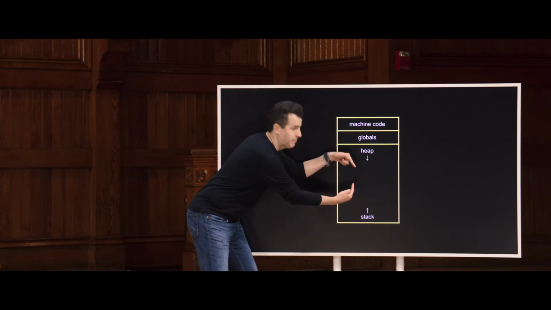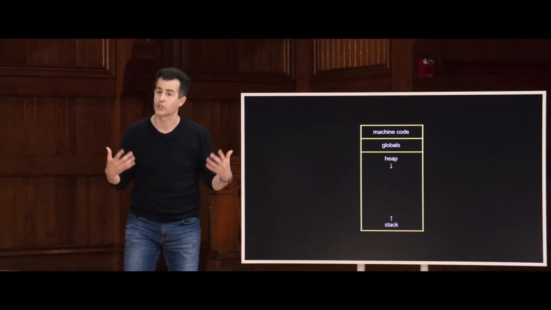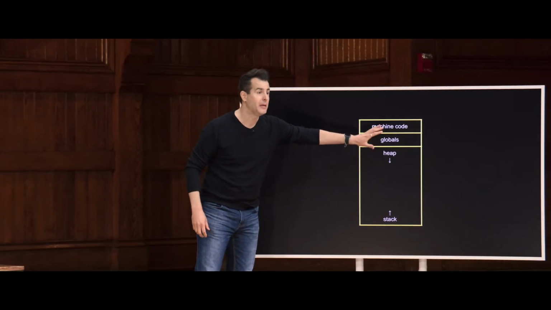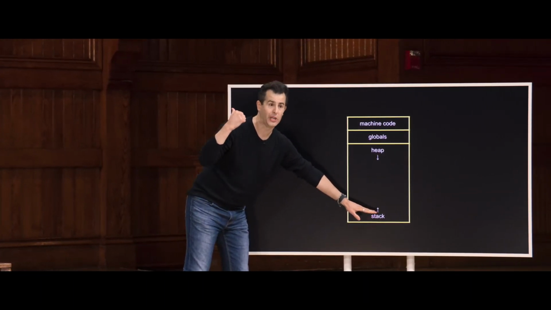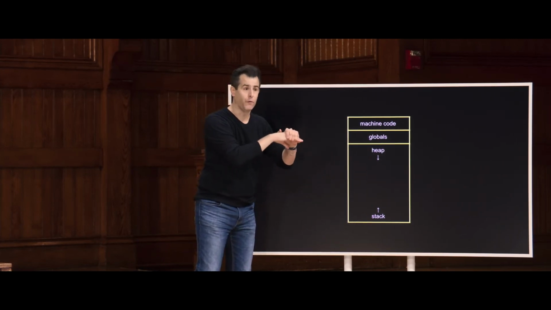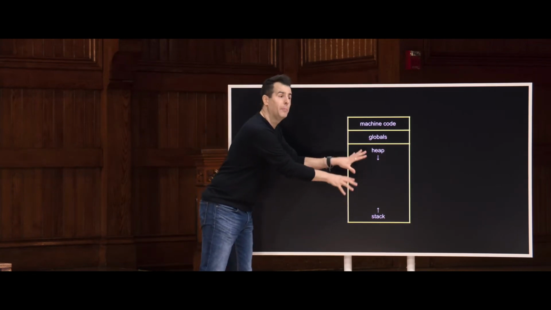Now you can kind of see where like bad things can happen. And indeed, one of the other reasons computers can crash is if you ask for way too much memory from the heap by calling malloc many, many, many times, or if you call way too many functions, or accidentally, per last week, you recurse infinitely many times, you might have a segmentation fault. And that's because you're using too much stack memory. So this is bound to be a problem eventually.